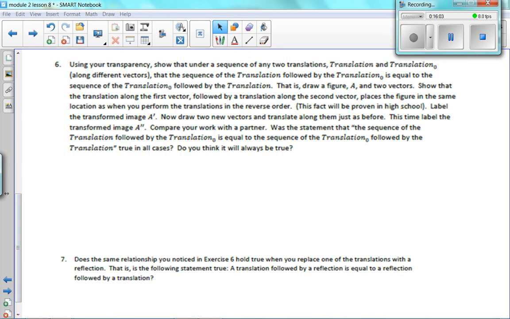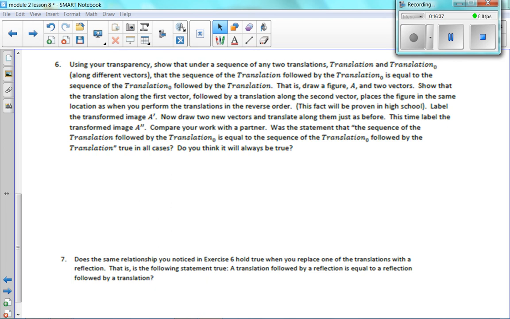Okay, for problem number 6, you're going to actually create your own translation. So let's read the directions together. Using your transparency, show that under a sequence of any two translations, along different vectors, the first one is along one vector, the second one is a translation along the second vector, that the sequence of the translation followed by the second translation is equal to the second translation followed by the first translation.